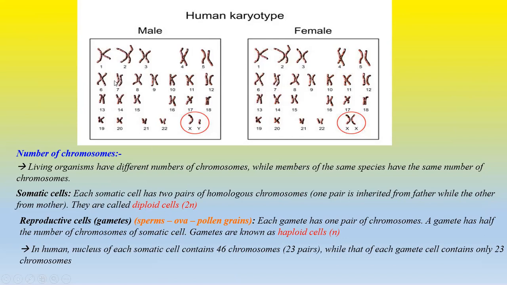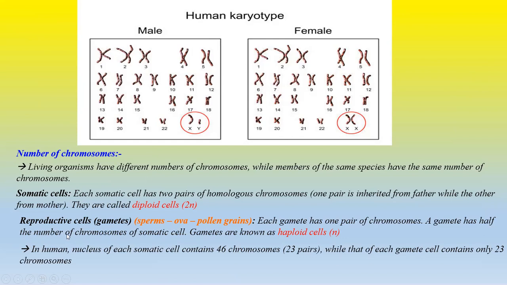Okay, so all of these we are seeing are somatic cells. They are homologous pairs. One of them is inherited from the father and the other is inherited from the mother. So that is why we call them 2N, diploid number.